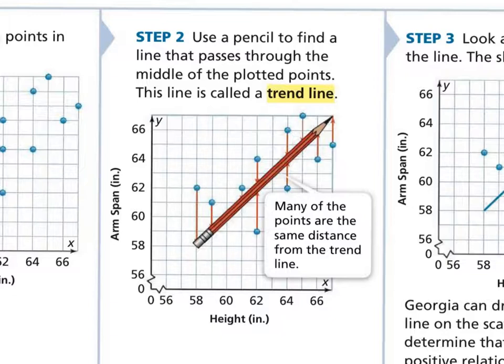And the trend line is something that gives us an idea of what's happening. We can actually use trend lines to make predictions. We could predict, like, the tallest person here was 67 inches. We could use a trend line and guess if somebody was 70 inches tall, what their arm span would be. Does that make sense?